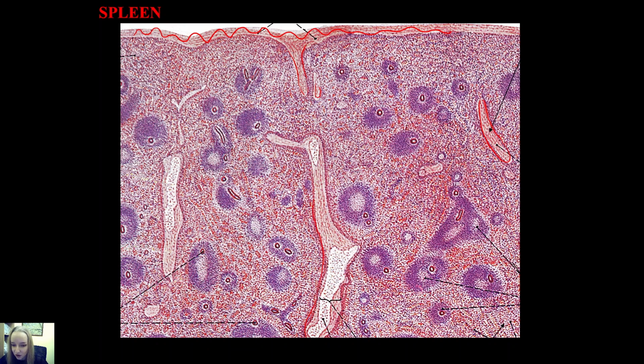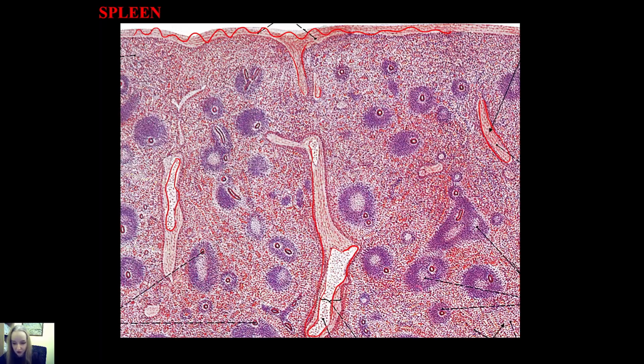Here is a very big trabecula, and you can see this trabecula contains a big vessel over here, and also here. And this is the basic structure of a spleen, and the supporting structure is reticular connective tissue once again.